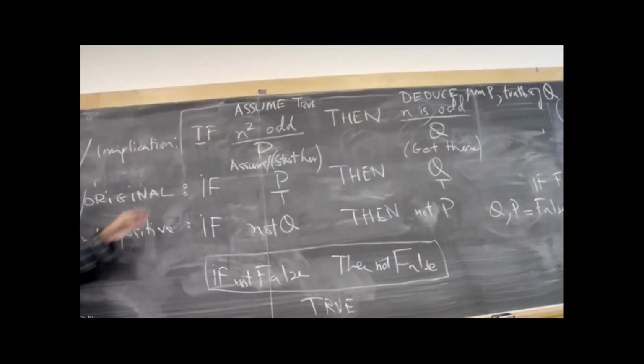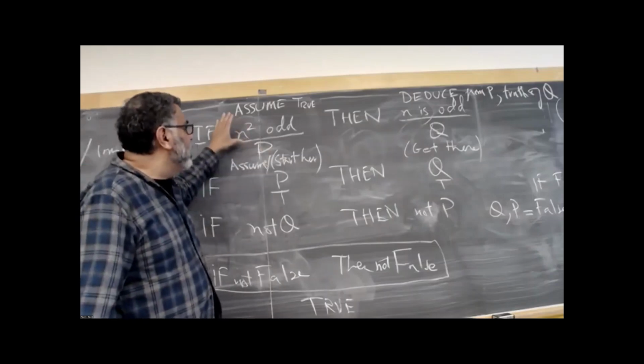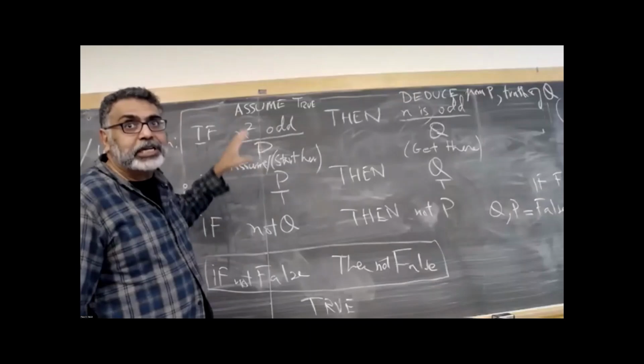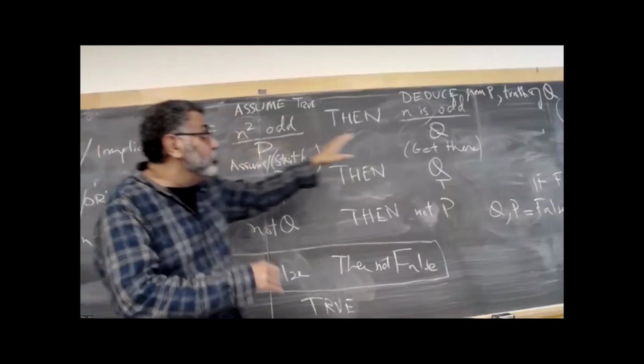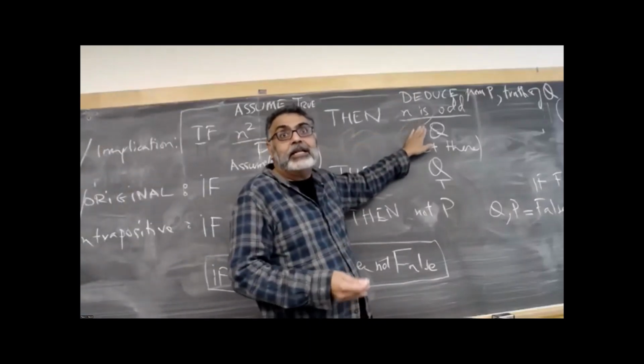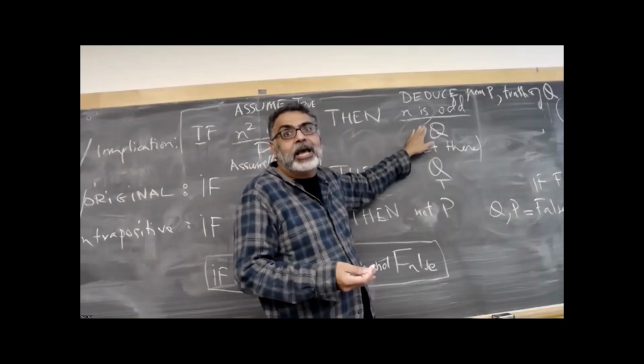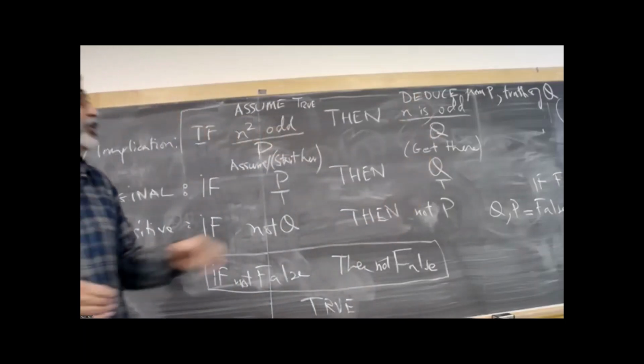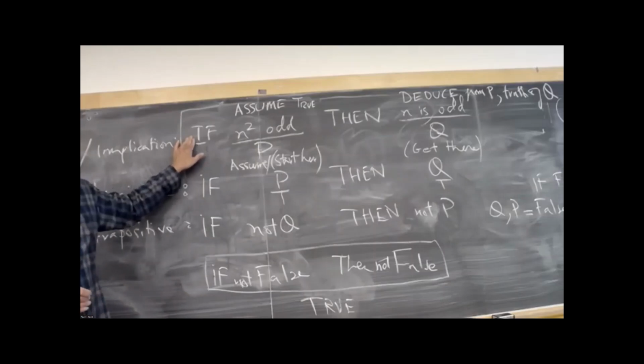In other words, if we assume the antecedent to be true, and we can't deduce, expand, or bring other things in to get here, we fail in proving the implication. And we say the original implication was incorrect. And therefore, please remove this from your textbooks. Literally, they will remove it.